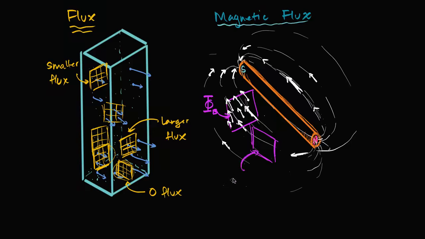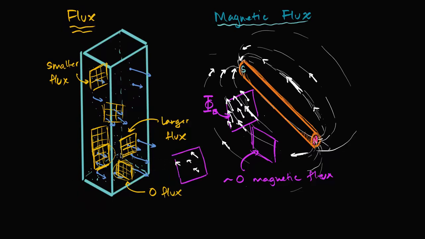So this would have approximately zero magnetic flux. Now if I were to take this surface and, instead of orienting it this way, just move it further away, all the way out here where the magnetic field is weaker, so we have a weaker magnetic field out here, the flux would also decrease.